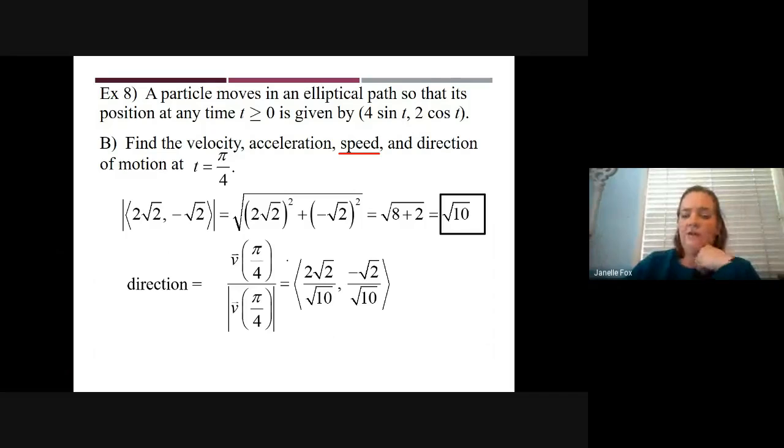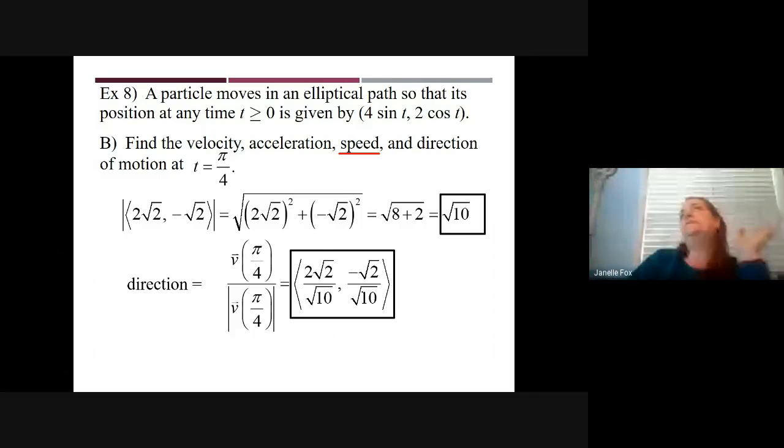I took my velocity vector values of 2 rad 2 and negative rad 2 and divided them each by rad 10. If you want to, you can clean it up. But remember, this is calculus, so rationalizing the denominator doesn't even matter. So it's just totally like this.